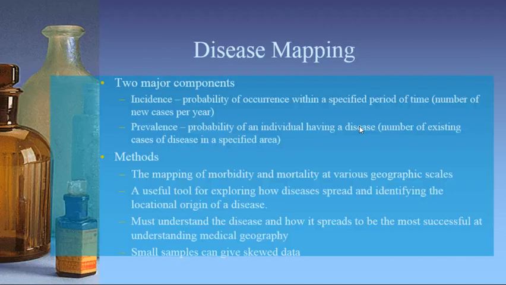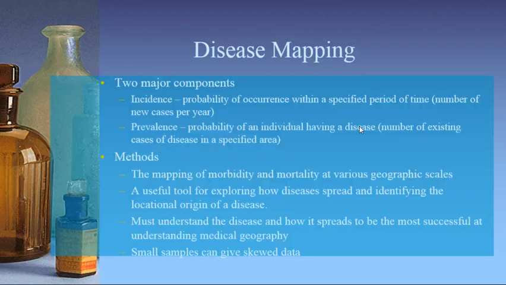Well, first of all, you need to look at morbidity and mortality. Morbidity is having the disease, mortality is dying from the disease. And you need to be able to compare it at different geographic scales. One of the really important things you need to know is the location of the disease, and you need to understand how it spreads.